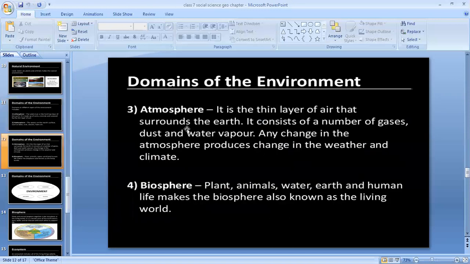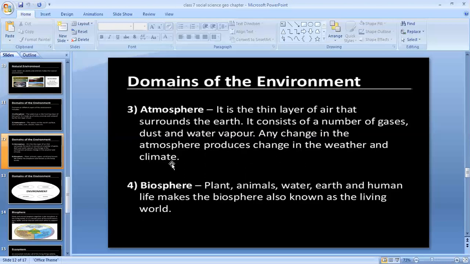Now next is the atmosphere. It is the thin layer of air that surrounds the earth. It consists of a number of gases, dust, and water vapor. Any change in the atmosphere produces change in the weather and climate.